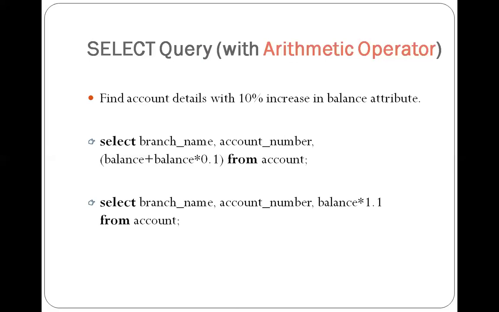We can also use it in such a way: select branch name, account number, balance into 1.1 from account. If we take balance common, then what will happen? Balance within brackets, 1 plus 0.1, and 1 plus 0.1 means 1.1.